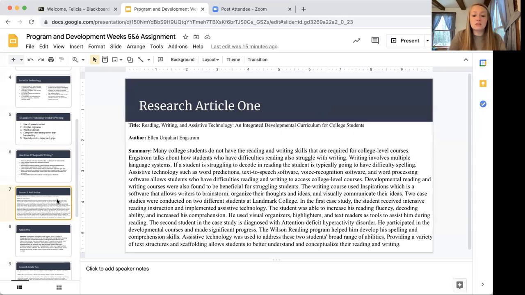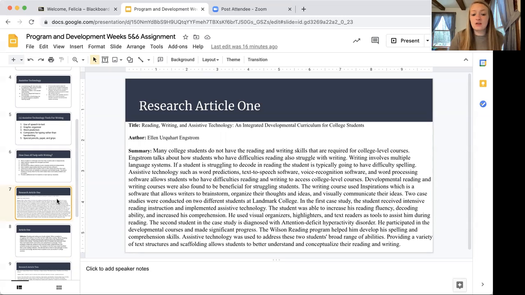So it was a case study on two students who did not have the reading and writing skills that college typically requires. These two students were enrolled in a developmental reading and writing course where they were given assistive technology. They were given word prediction, text-to-speech software, voice recognition software, and word processing, but they also had low-tech assistive technology like organizers, highlighters, and text readers.